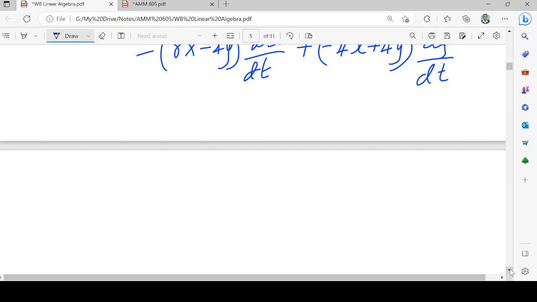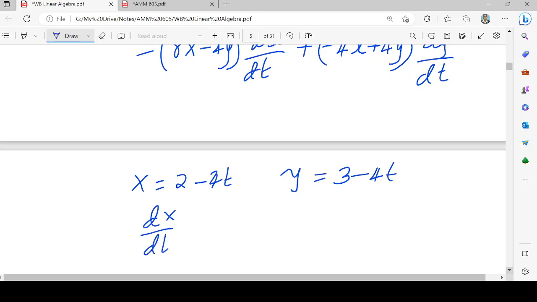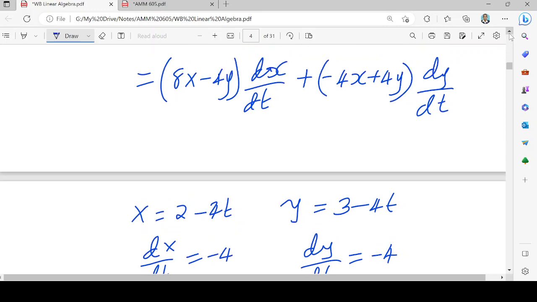The derivative of x with respect to t is negative 4, and the derivative of y with respect to t is also minus 4. So we are going to substitute these two in this expression and then simplify. We substitute these two, minus 4 here and minus 4 here, then simplify.